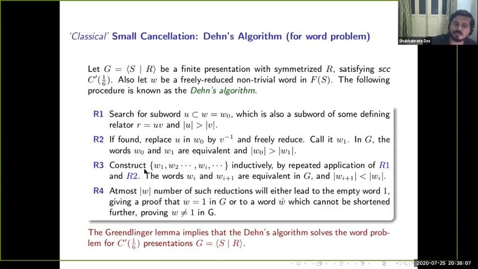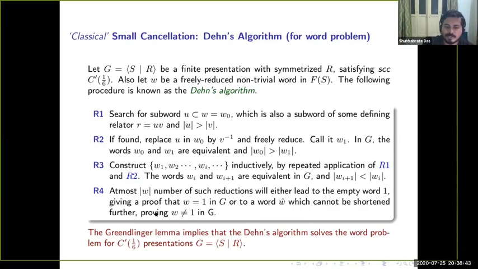Now you keep constructing inductively. You keep constructing such words by repeated application of these two steps: search for such subwords, replace them, and then freely reduce to get the word W1. This way you keep constructing W1, W2, and so on, and these will be equivalent by the same argument in G. Each time you can pass to a further word Wi plus 1, its length would be smaller than Wi.